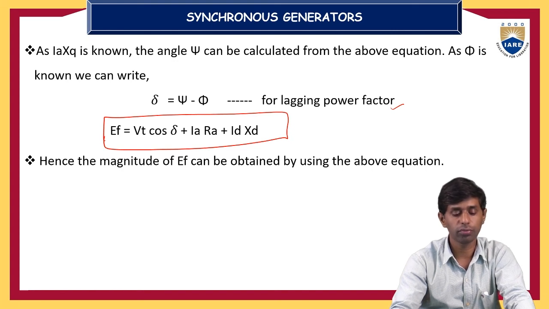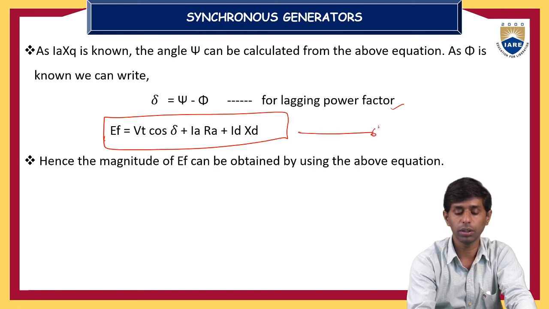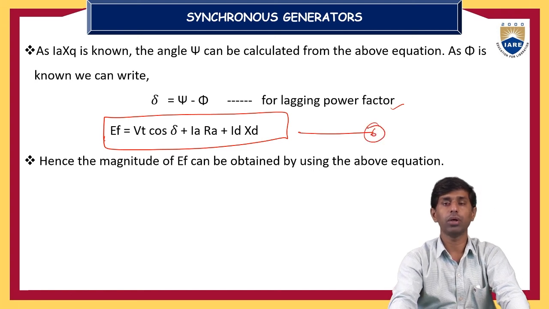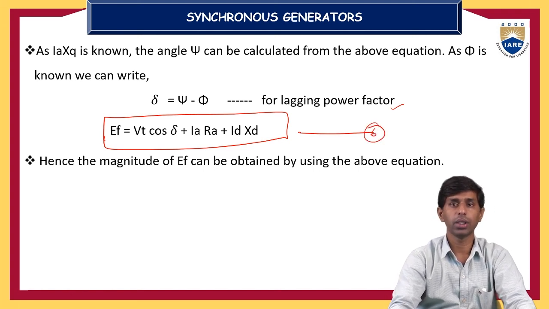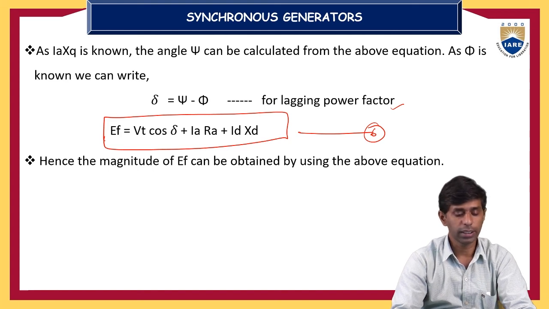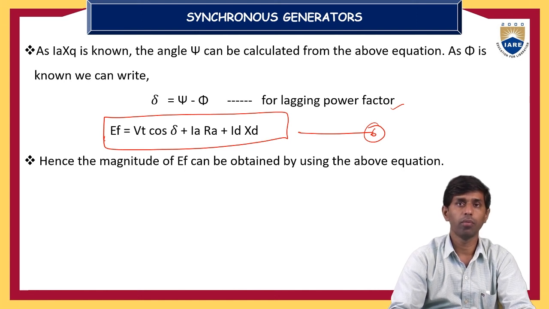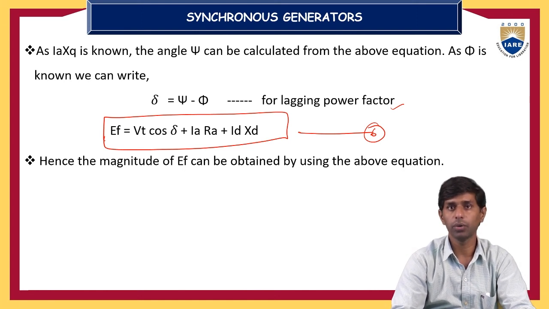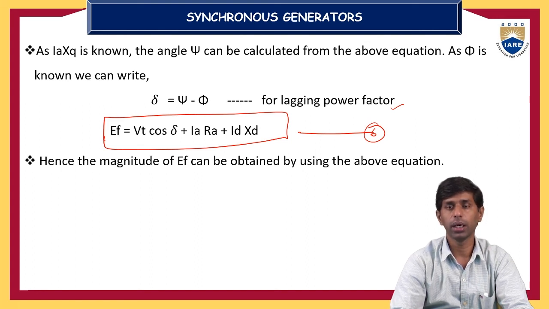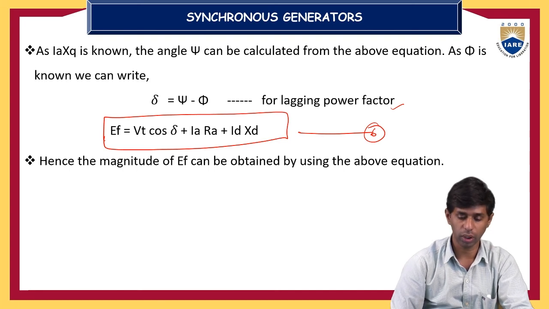Hence, the magnitude of EF can be obtained by using this equation number 6. The magnitude of excitation EMF is equal to VT cos delta plus IARA plus IDXD. When you know the IAXQ value and the psi value, then you can calculate delta, that is psi minus phi for lagging power factor loading conditions.